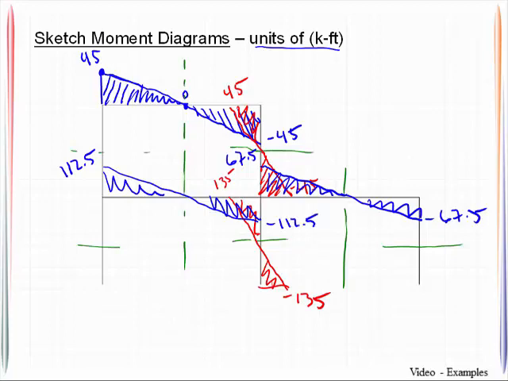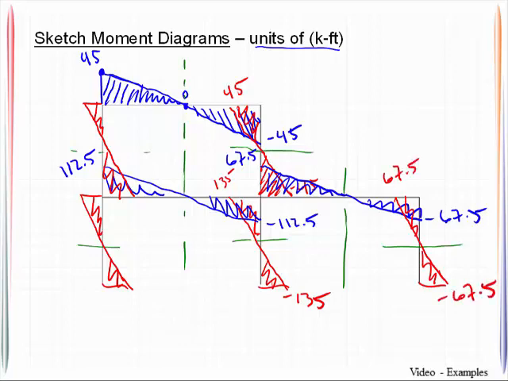And then just in like fashion, you go ahead and get those moment diagrams for your columns. Looks something like this. 67.5, negative 67.5. And that actually completes the entire moment diagram.